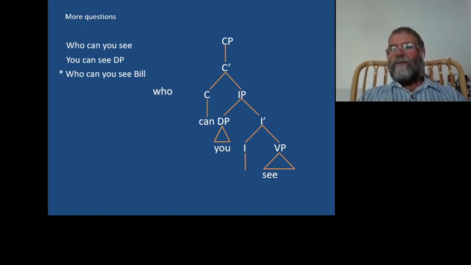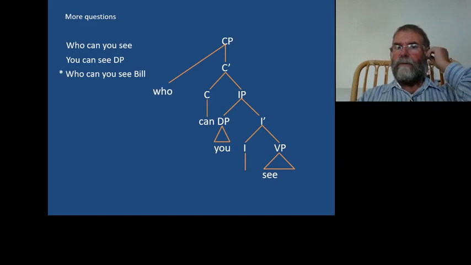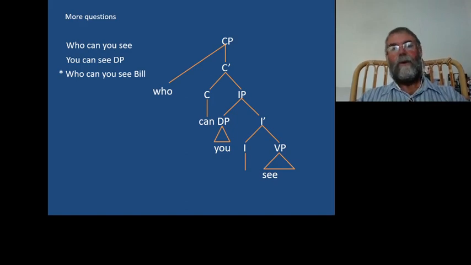There's only one position in this structure that the who could possibly move to, and that is the specifier position of the CP. That's a good position for it to move to, because a specifier position is a phrasal position, and we're moving a phrase here. So we're moving a phrase into a phrasal position. We're not changing the structure. Moreover, so far we haven't seen what goes into the specifier of the CP.